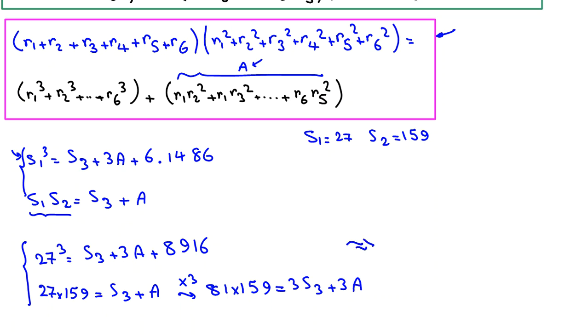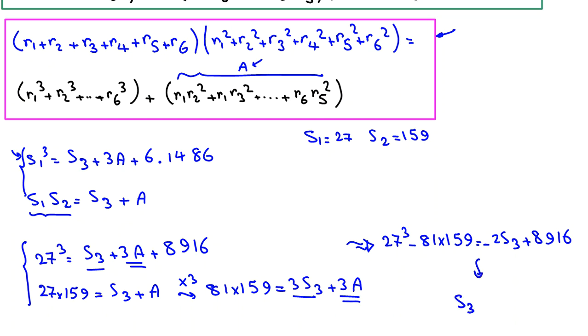Now, if I subtract, it will be what? 27 cubed minus 81 times 159 equal to, we have S3 here, 3S3, it will be negative 2S3, and 3A will be cancelled when we subtract, plus 8916. Okay, here it's just calculation. If you calculate one equation, one variable, you will reach S3 equal to 1056.